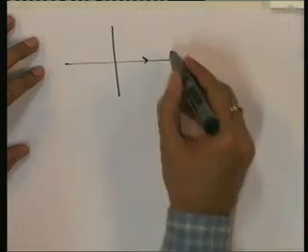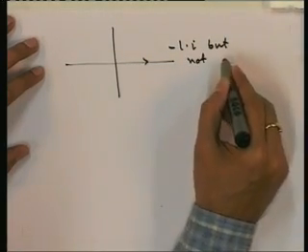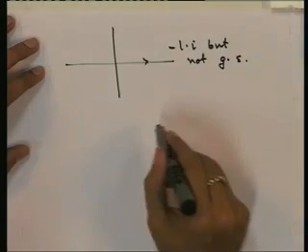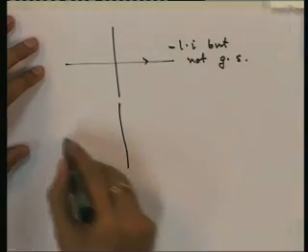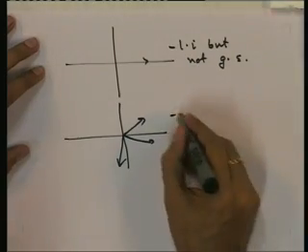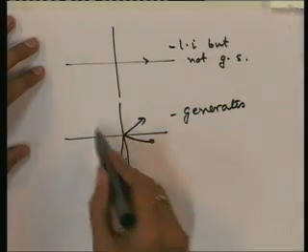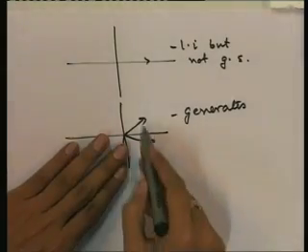So let us see some examples. Suppose we take simply this vector. This is linearly independent but not a generating set. Now let us take 3 points like this. This generates, because we can express any point as a linear combination of just these 2 points.